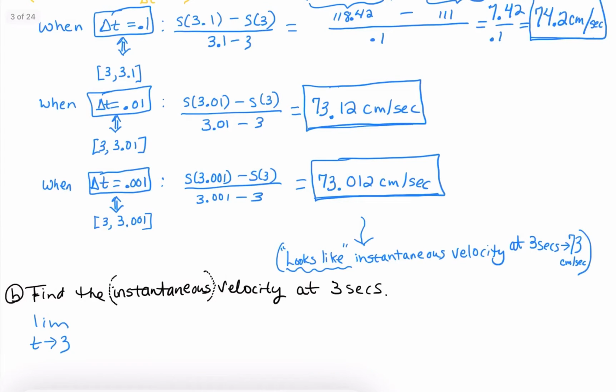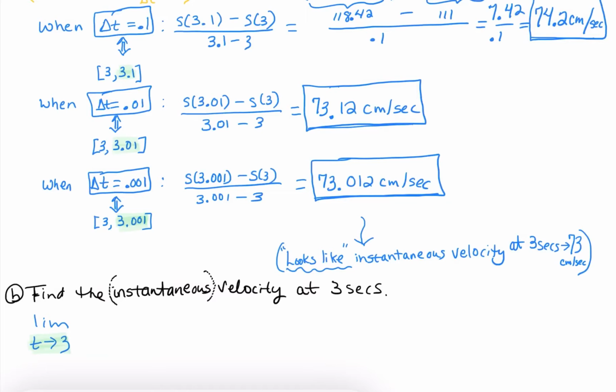Let's pause here for a second and observe something. The t that's going to 3 is this t right here, 3.1, 3.01, 3.001. That is the t that's getting closer and closer to 3 each time. So now we're going to use our limit to find what it's actually going to.